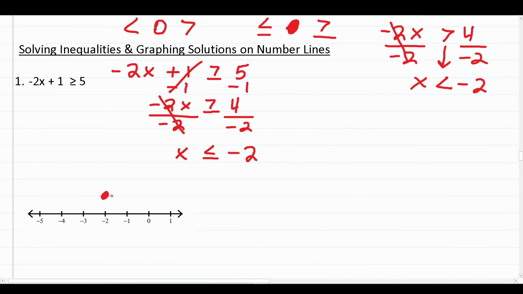So we know our arrow is not going to go in this direction. What about negative 5? Is negative 5 less than negative 2? It is. So we're going to select all these values to the left. And that should be a straight line, but that is our answer. All right, so in short, that's how you solve inequalities and graph their solutions.